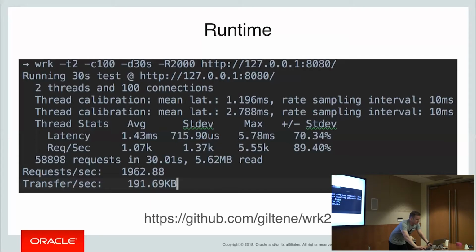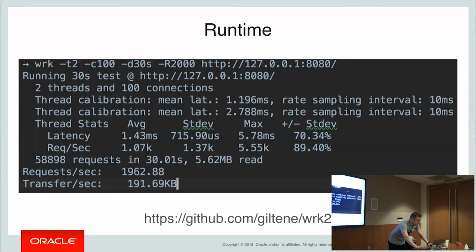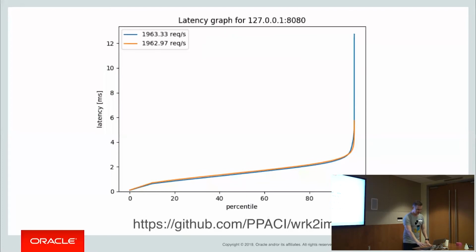But the requests per second are also similar, 1993, 1962. We ran for 30 seconds, and if you run your Java application longer, the just-in-time compiler will kick in, will optimize code, and will probably give better performance. But for the initial X seconds, they're very similar in performance and latencies and whatnot.